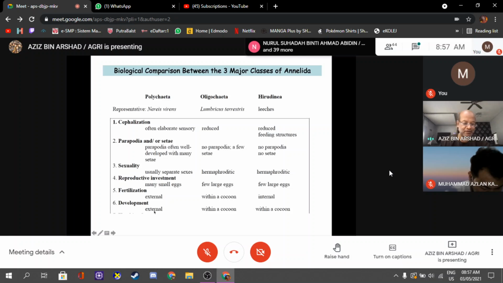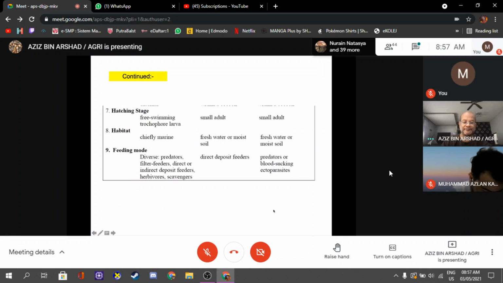Development is external also. They produce larvae called trochophore, and within the cocoon the hatching stage is direct development, a small adult. Habitat is mainly marine, then freshwater or moist soil.